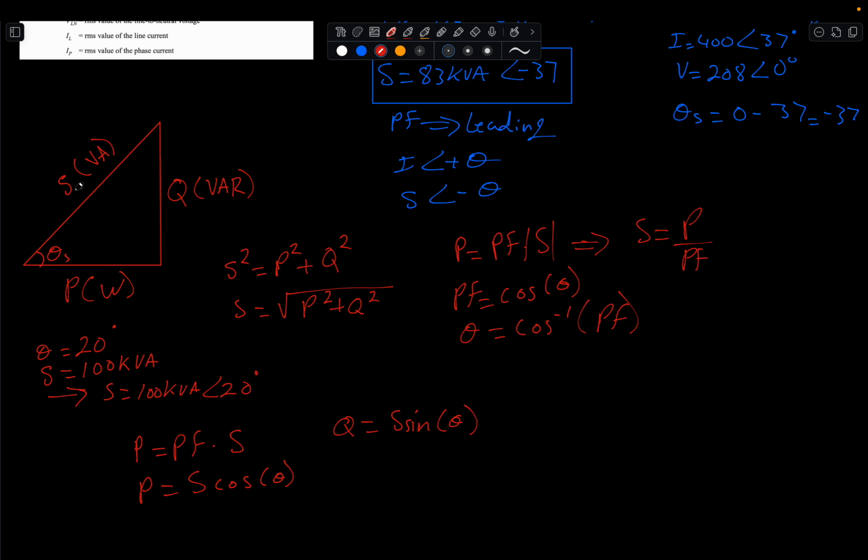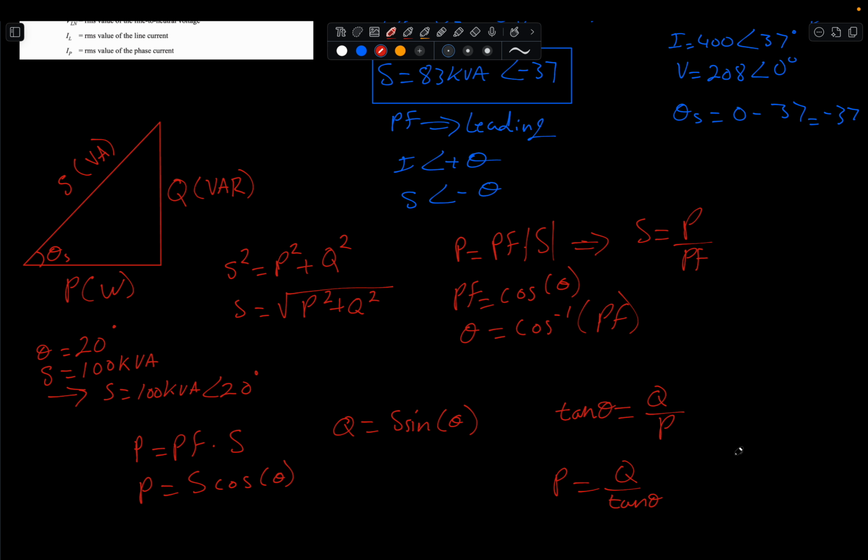Another way to look at it, not giving the apparent power, but you want to know the relationship between Q and P followed by the theta, just know what are we dealing with here? Tangent theta, opposite over adjacent, is Q over P. So if I was not given the apparent power, but I was given one or two of the variables, meaning the degree, the theta, or the power factor, and let's say reactive power, and I want to solve for P, then it's as simple as P, going back into that formula, is Q over tan theta.